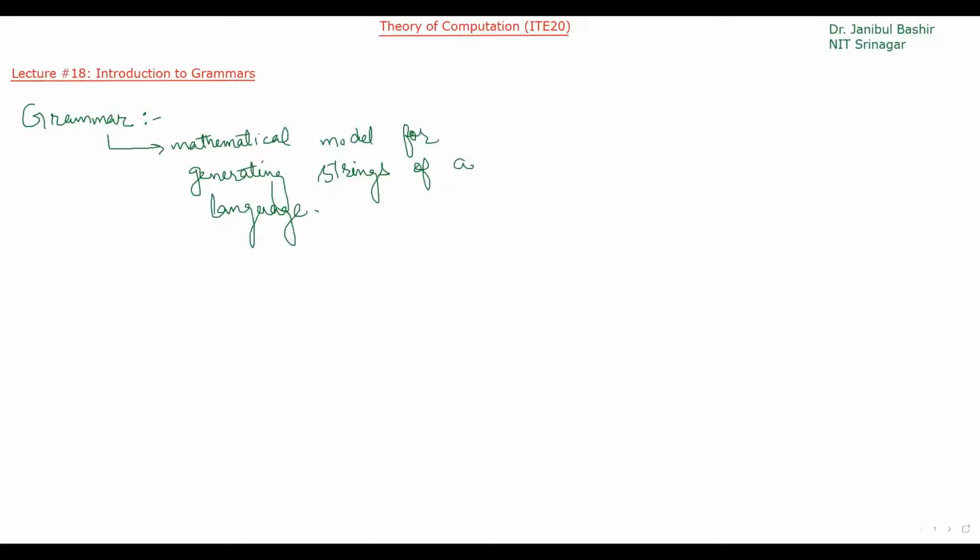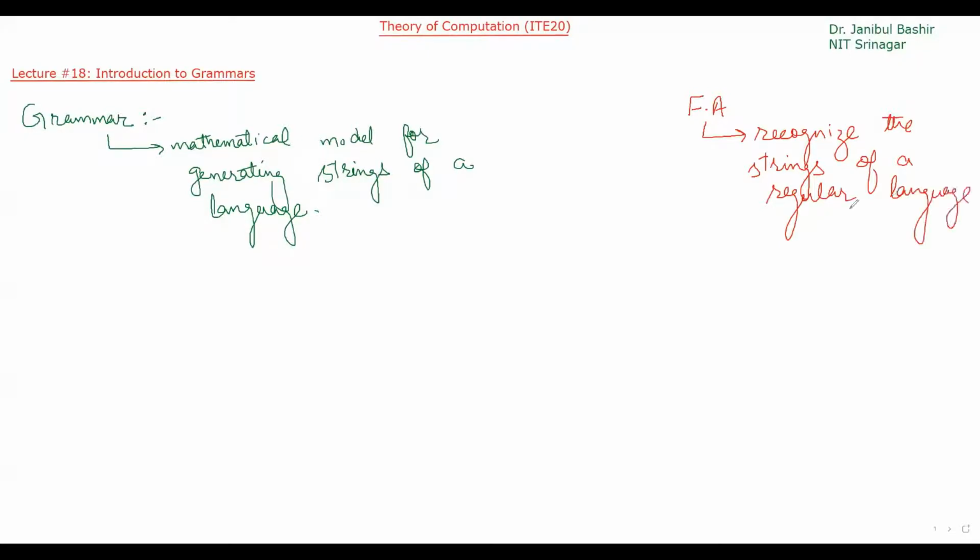So up to lecture number 17, we were basically discussing finite automata. So what were the finite automata? Finite automata were used to recognize the strings of a regular language.